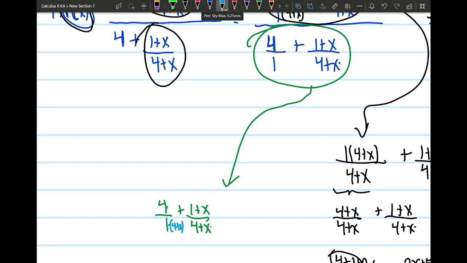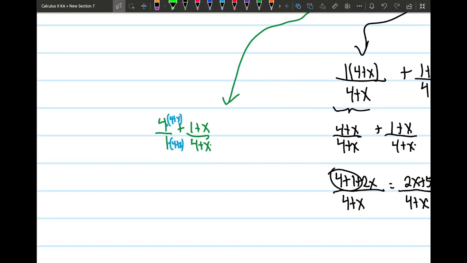So we're doing the same process here. And now we have the following. This is going to give me 4 times 4 plus x plus 1 plus x over 4 plus x.